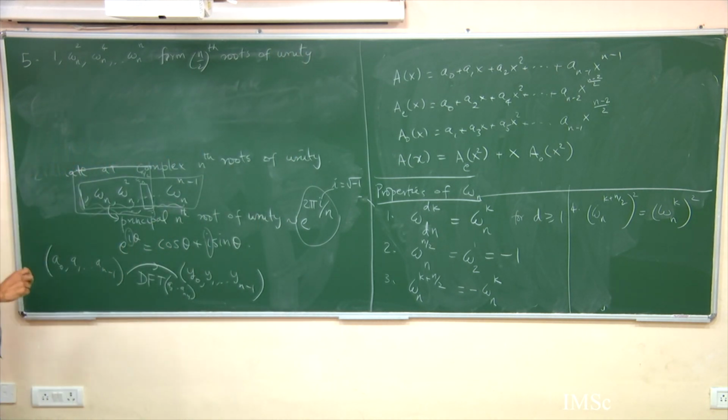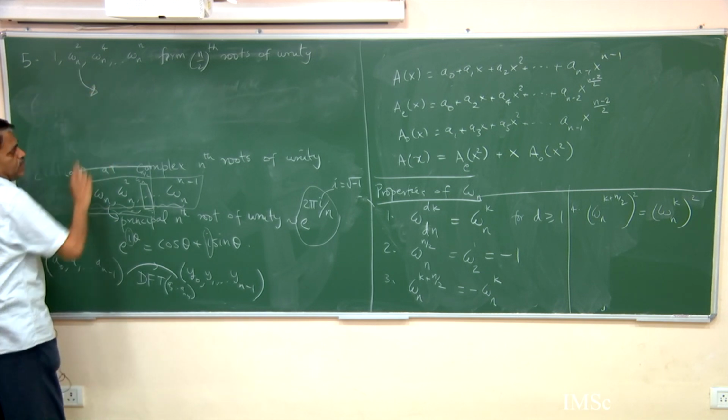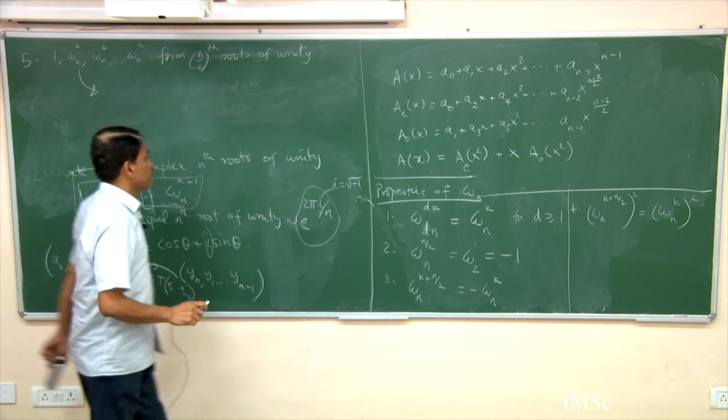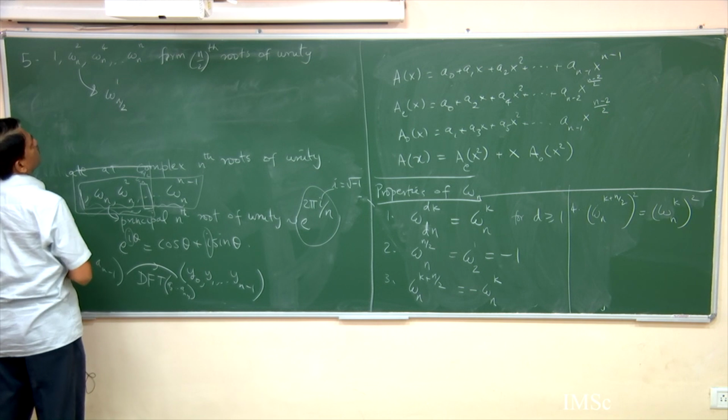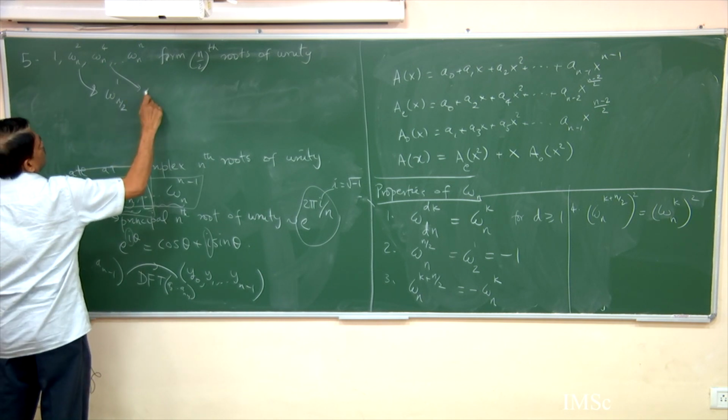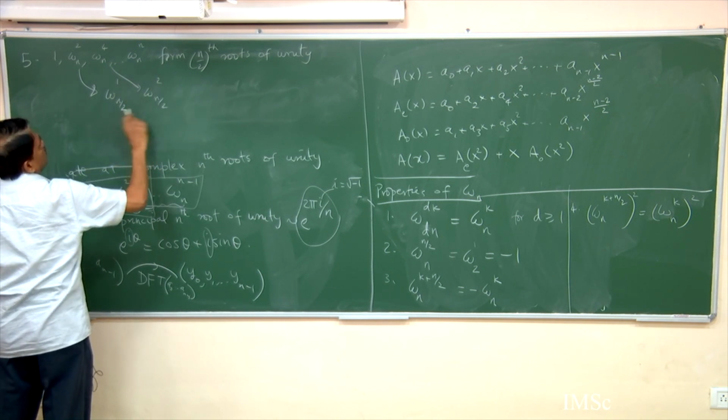Because this term, by my property 1, is the same as omega n by 2 to the power 1. And this term would be omega n by 2 square and so on.